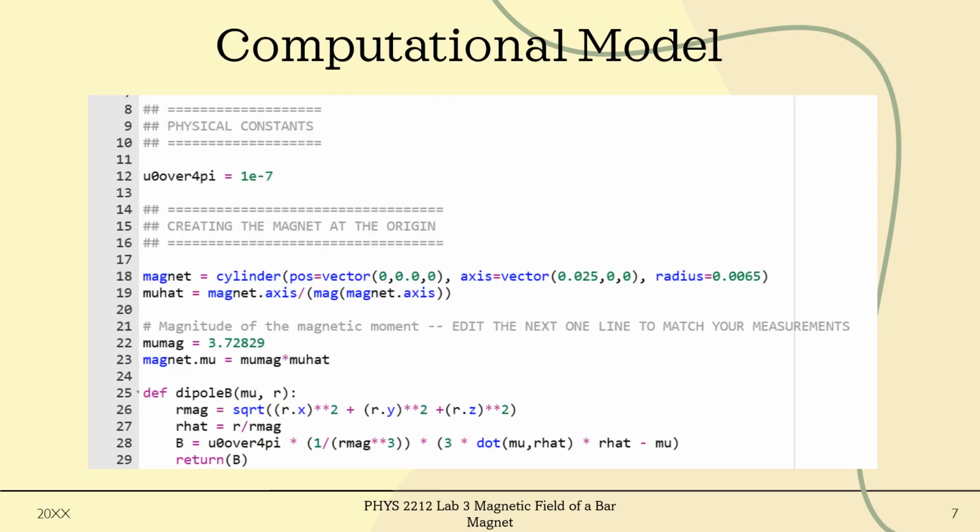So we input our physical constants into the computational model and made a representation of the bar magnet as a cylinder, and we put in our magnetic moment of the bar magnet in there, as well as defined the function for a magnetic field at any point.